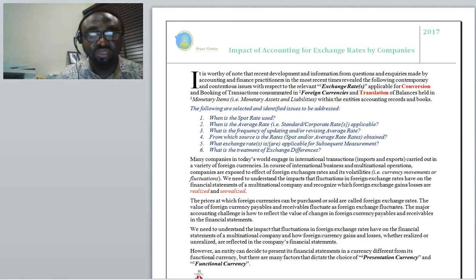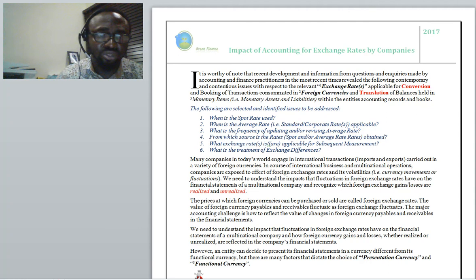Now, the prices at which foreign currencies can be purchased or sold are what is termed foreign exchange rates, which I've explained earlier. In a simpler form, you will see it as a commodity. A currency can be seen as a commodity from this angle. If you have to buy an orange, and an orange is sold for 10 naira per one, it means one orange costs 10 naira to buy.